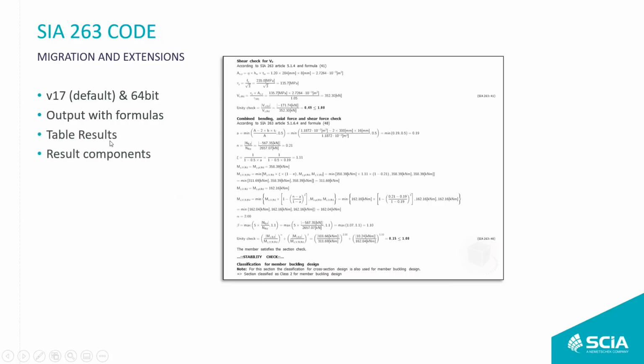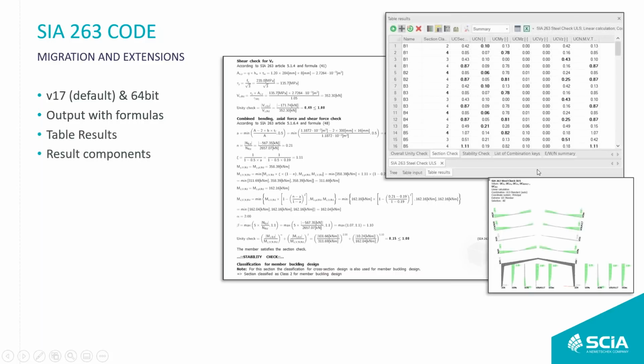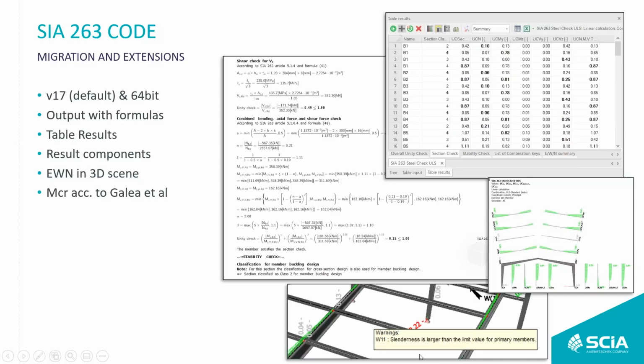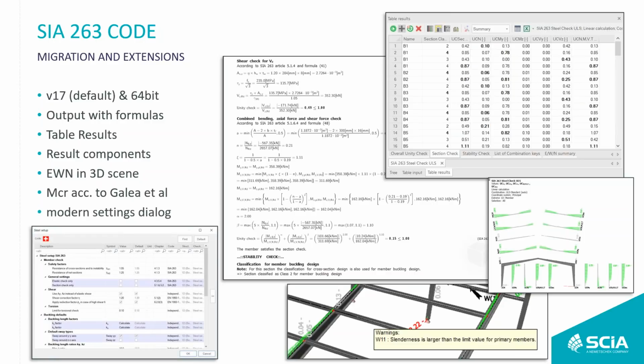We also made the link to table results, and it's possible to, for example, show different components on the structure. We have error and warning nodes in the 3D scene, which is the case for most of the new checks in SCIA Engineer. We also extended the calculation of M critical so that it supports more cross sections and more load scenarios. And then we also have a brand new settings dialog.